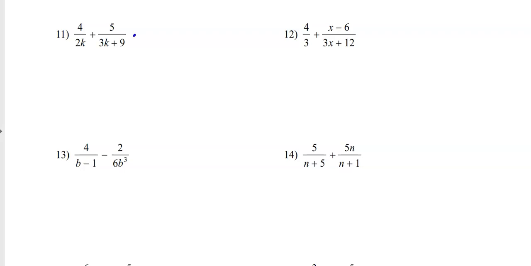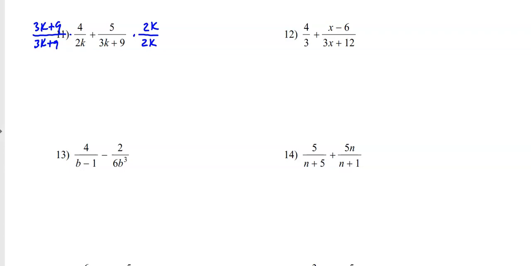So for instance, over here, I'm going to multiply by 2k over 2k. And over here on this side, I'm going to multiply by 3k plus 9 over 3k plus 9. And that should give me, on the bottom, the 2k times 3k plus 9.